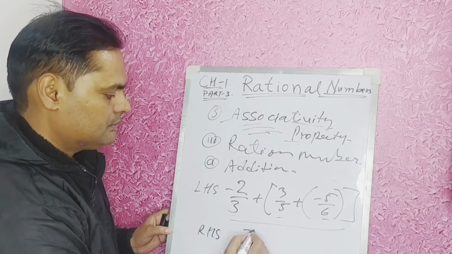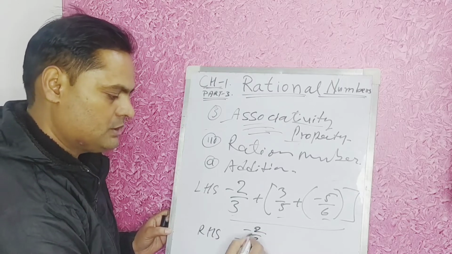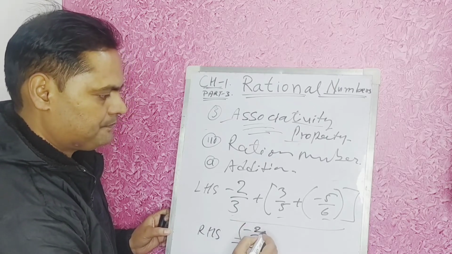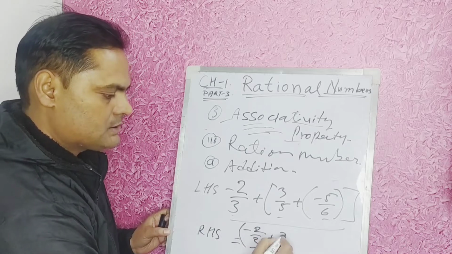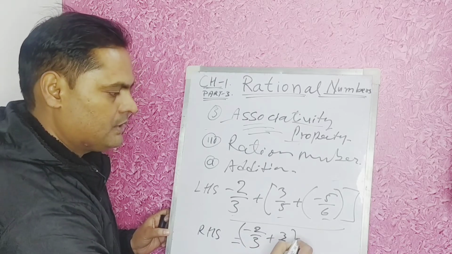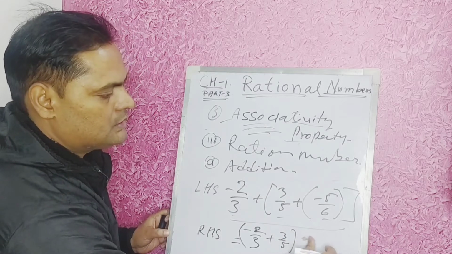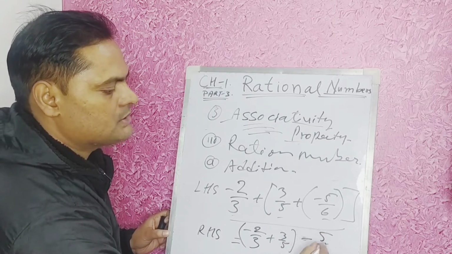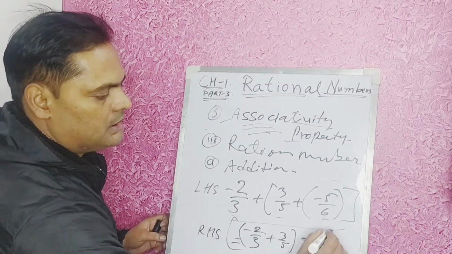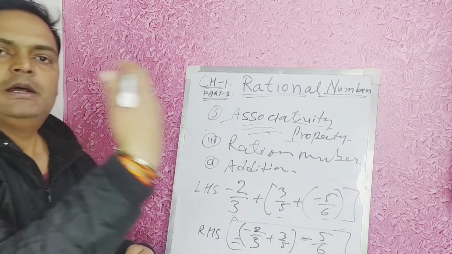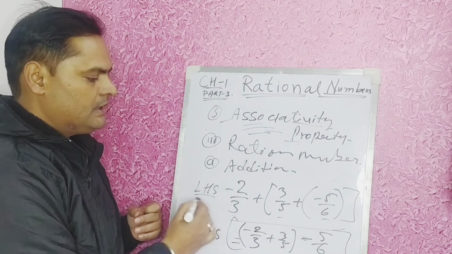Then the expression of this equation is like this: plus 3 upon 5 and plus minus 5 upon 6. So this is the expression of the right hand side, and the left hand side expression is this.